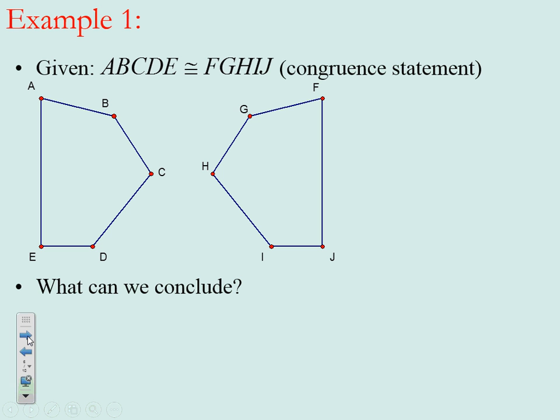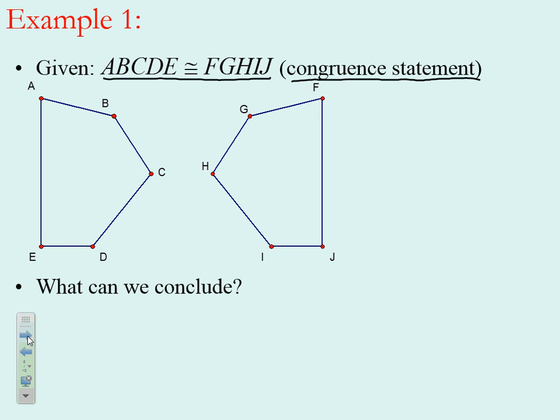So for this first example, go ahead and write this one down. Given that we have these two figures, A, B, C, D, E, and F, G, H, I, J, they're congruent to each other. If you see right here, this is what's called a congruence statement. It simply states that one figure is congruent to another.